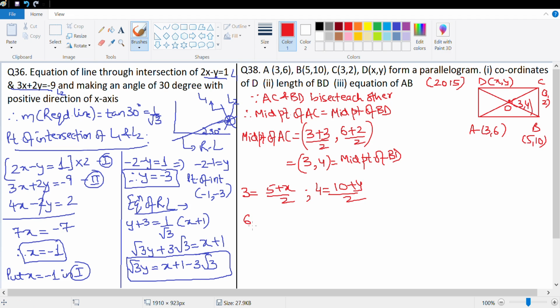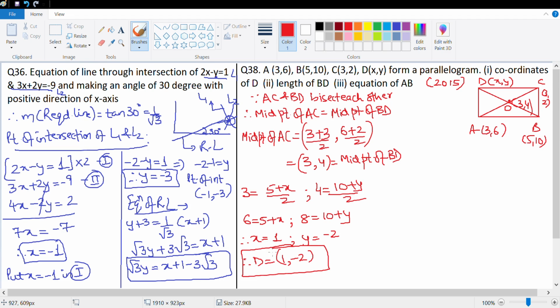So 6 is equal to 5 plus x, and 8 is equal to 10 plus y. Therefore x is equal to 1 and y is equal to 8 minus 10, that's negative 2. Therefore D is equal to 1 comma negative 2. We figured out the coordinates of D.